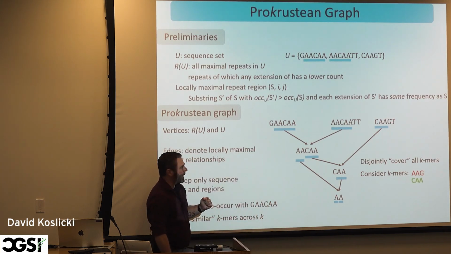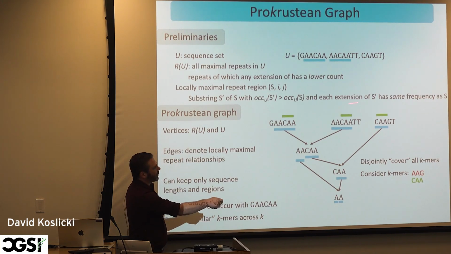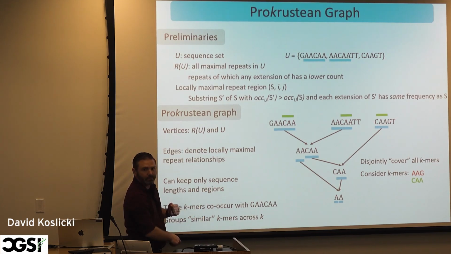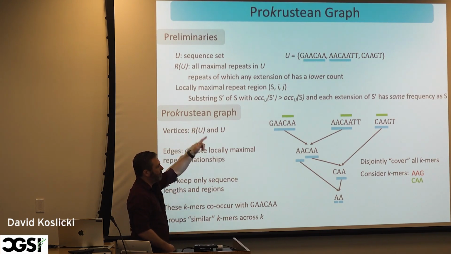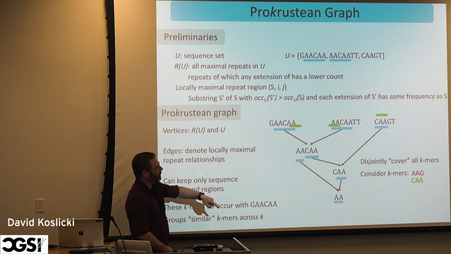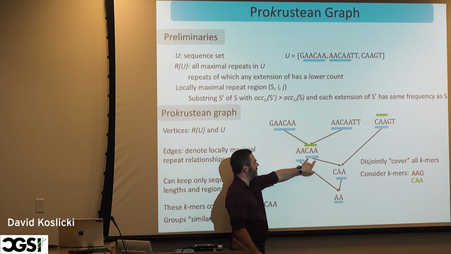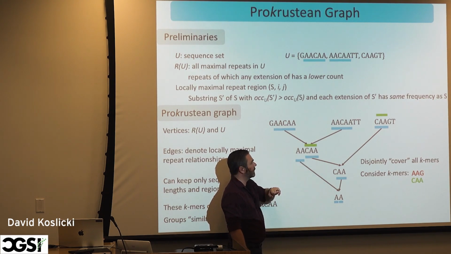Let's consider another k-mer like CAA. Well, at this level of the Prokrustean graph, this CAA in each of these 3 occurrences is fully contained in a blue region. Therefore, it's a repeat. You know, it shows up more than once. But if you trace that location as you move down in your Prokrustean graph, we notice this k-mer is still completely contained in this blue region.